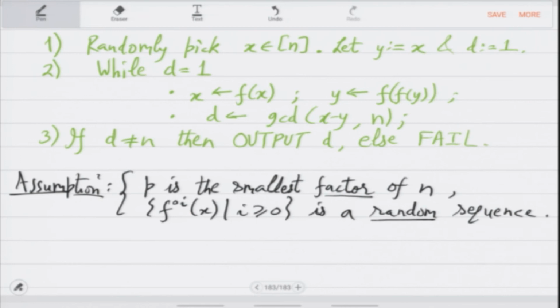With these two reasonable assumptions. In fact, the assumption is only the second one. With that assumption, we'll show that it takes square root p time.